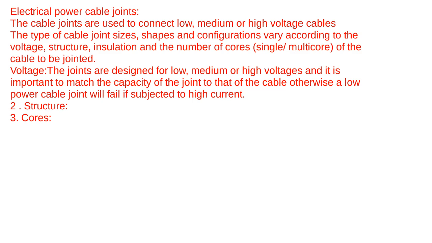So if you have a single core cable, then the other cable that you're going to make this electrical joint with must also be a single core cable so that it functions effectively. The two cables or three must have the same number of cores as the others that are to be joined.